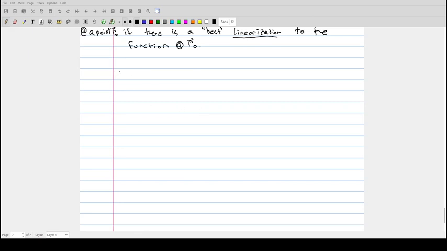So for a function of 2 variables, we'll do this first, so 2D, the linearization is given by, we'll call it L of x comma y. This is the linearization of a function of x and y.